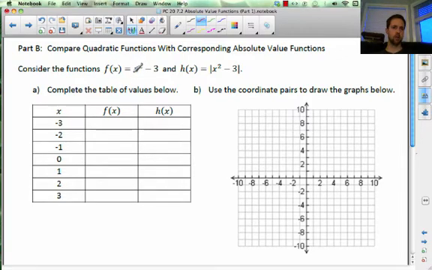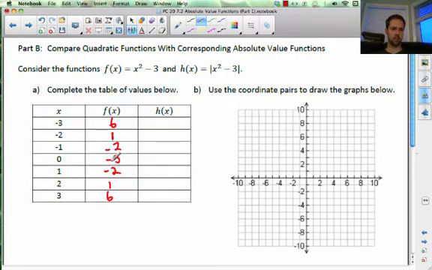So -3 squared is 9, minus 3 is 6. -2 squared is 4, minus 3 is 1. -1 squared is 1, minus 3 is -2. 0 squared is 0, minus 3 is -3. 1 squared is 1, minus 3 is -2. 2 squared is 4, minus 3 is 1. And 3 squared is 9, minus 3 is 6.